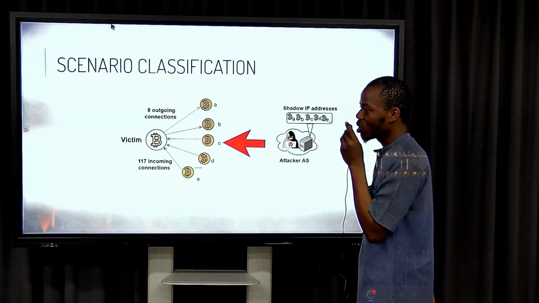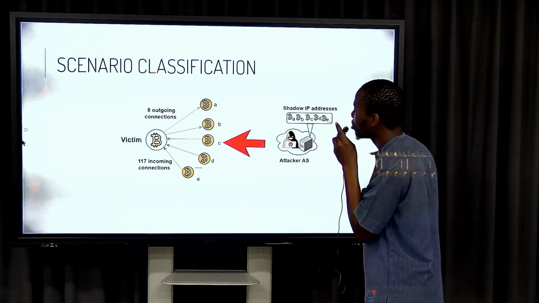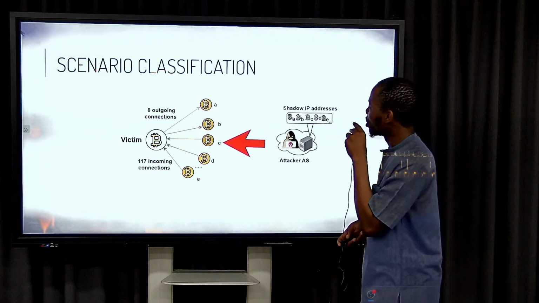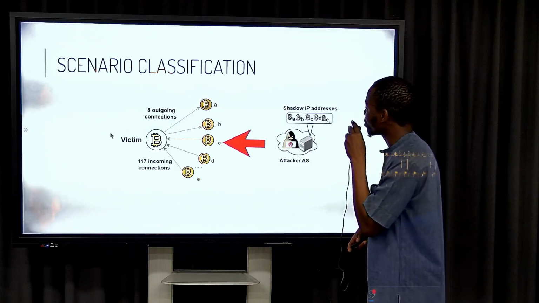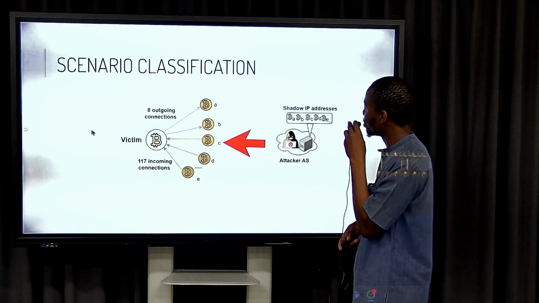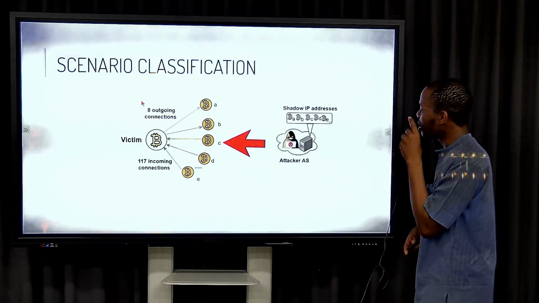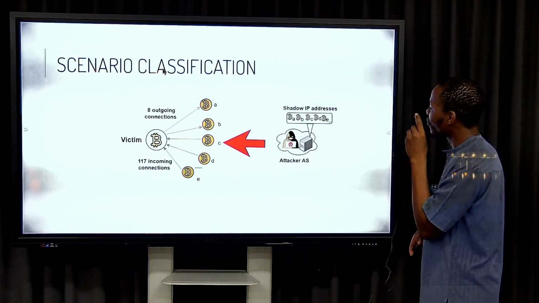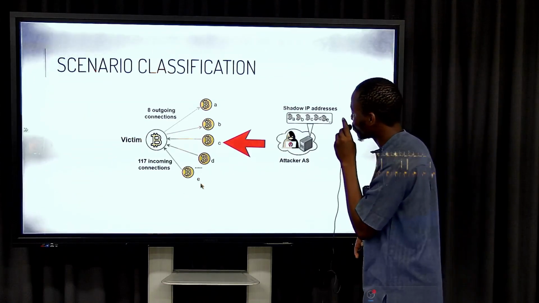Although with 8 bits, the maximum number of connections you can have is 2 to the power of 8, which is 256. But here, in this particular Bitcoin scenario, by design, we have 117 incoming connections.